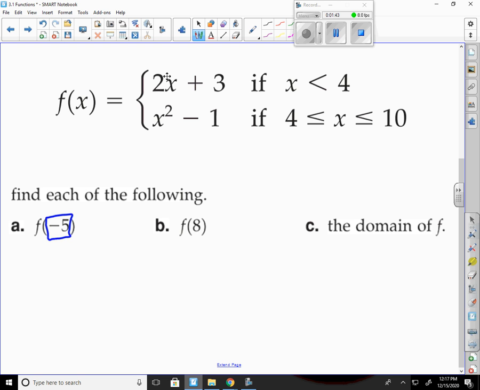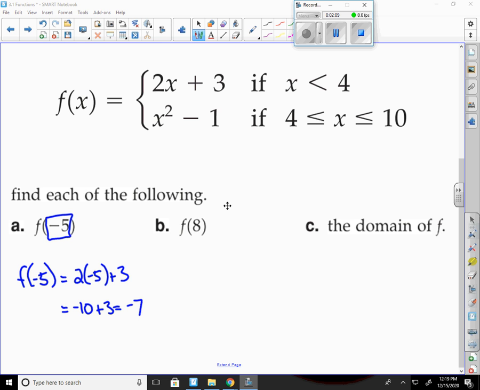So f of negative 5 means that I do 2 times negative 5 plus 3. That's negative 10 plus 3, which is negative 7.